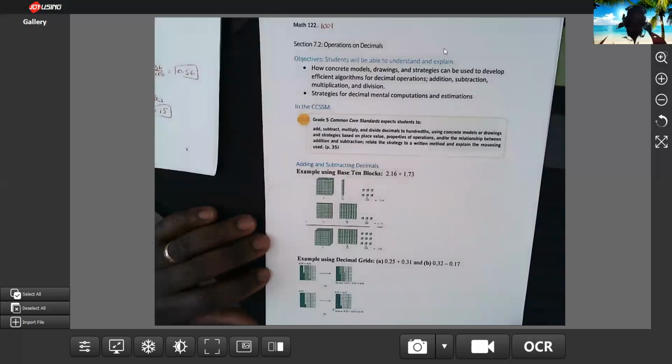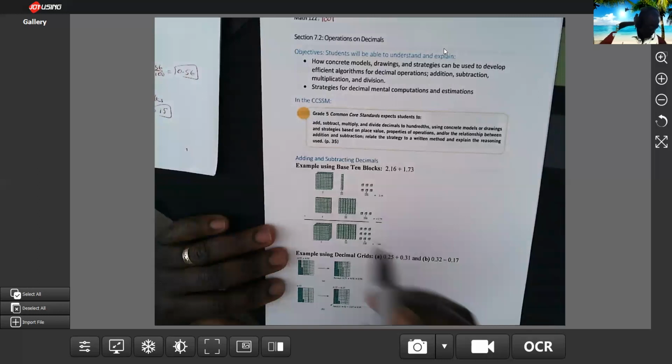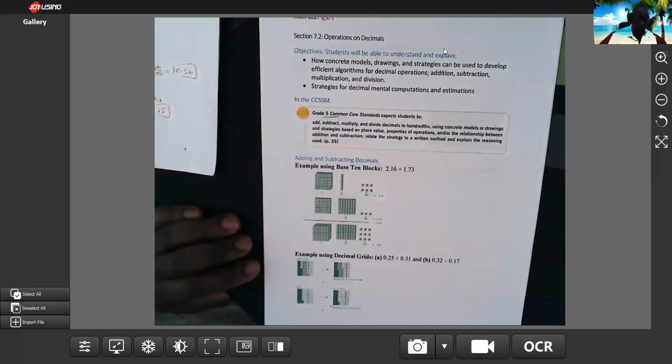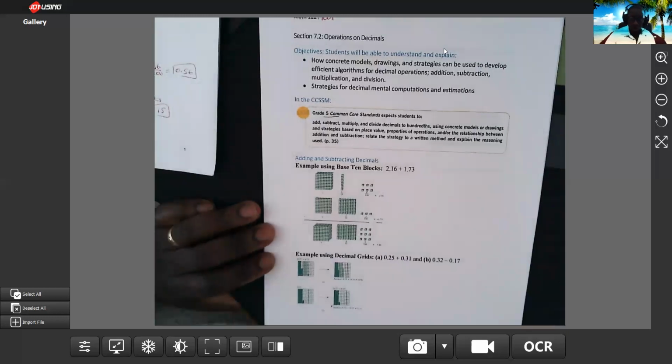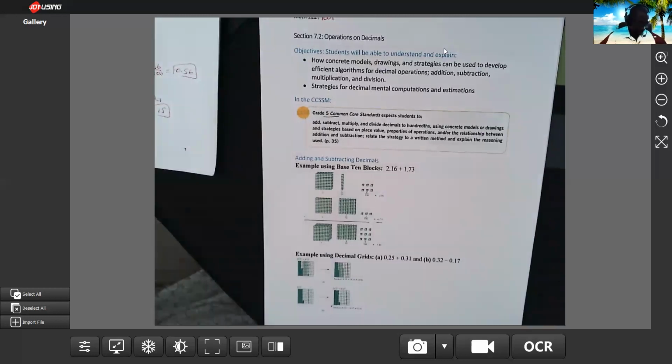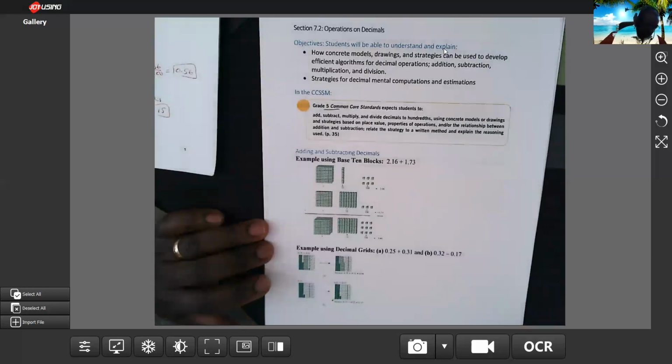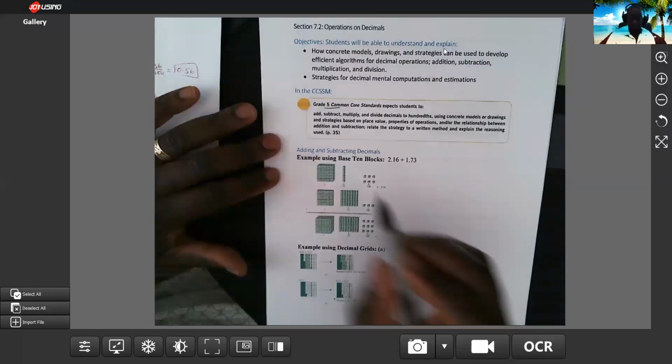From fifth grade, students should be able to add, subtract, multiply, or divide decimals to the hundredths. They should also be able to use concrete models, drawings, and strategies to perform the operations based on the place values that we talked about. So let's start with addition and subtraction of decimals.